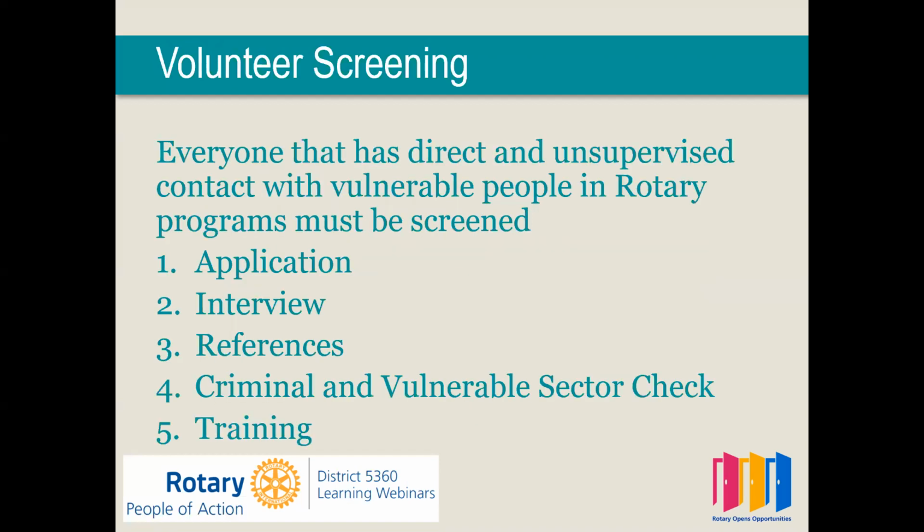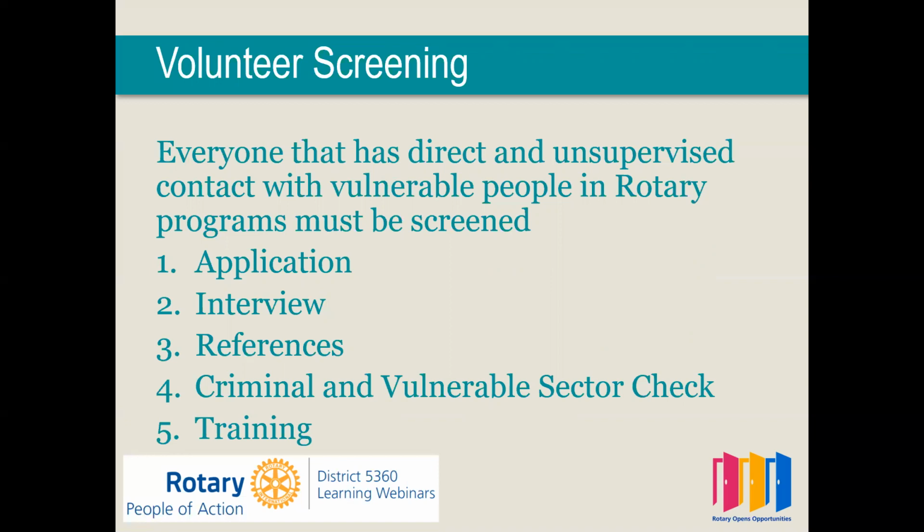The first procedure is volunteer screening. We're clarifying that everyone who has direct and unsupervised contact with vulnerable people in Rotary programs must be screened before they work with those people. This is Rotary International policy.